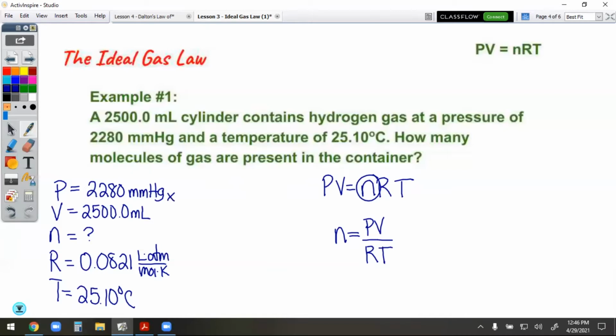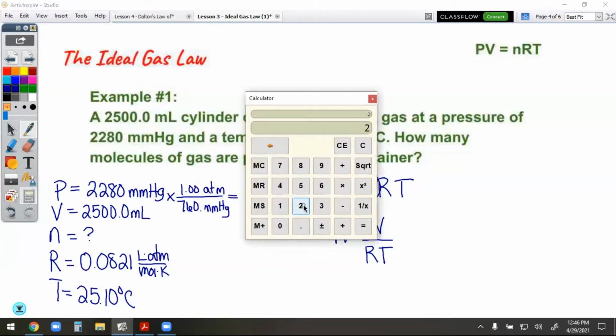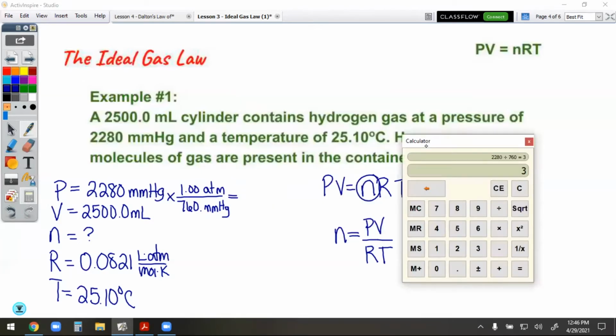So over here, we're going to divide by 760 mmHg for every 1.00 atm. This gives us a new pressure of 2280 divided by 760, or 3 atm. Maintaining significant figures, we're going to write 3.00 atm.